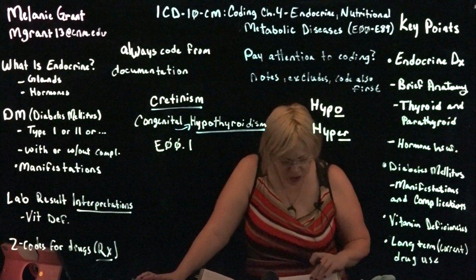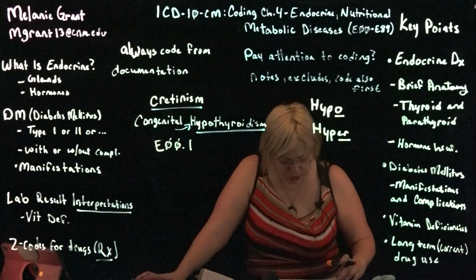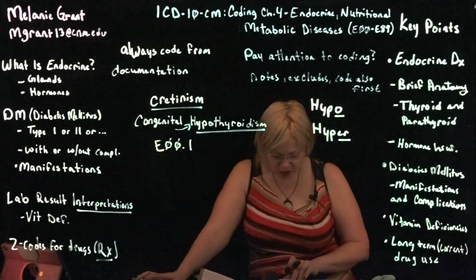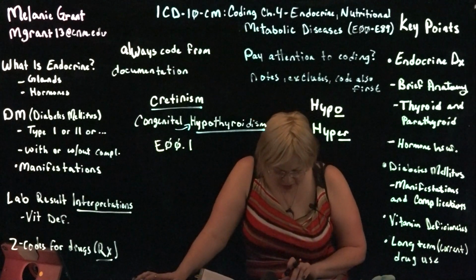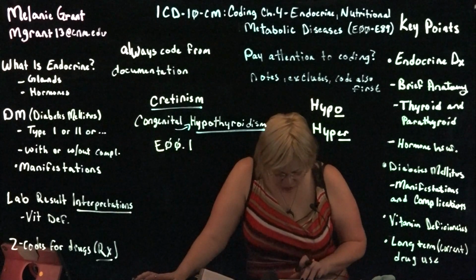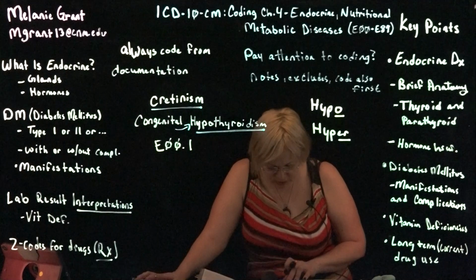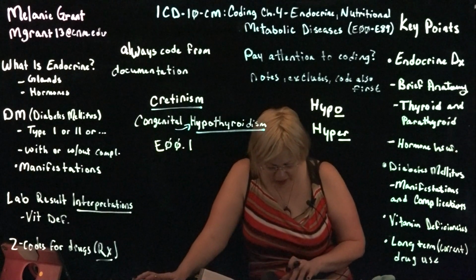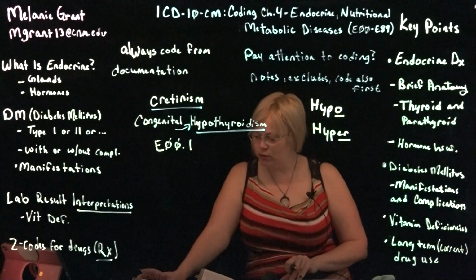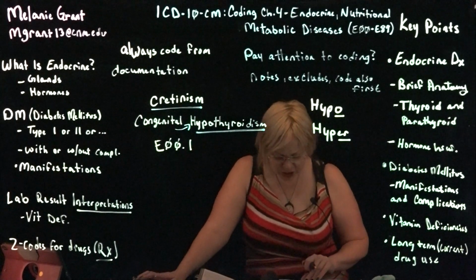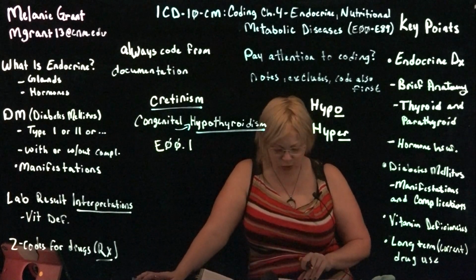If I look down from here, I'll notice that this excludes the previous thyroidisms we were looking at, but it also has congenital hypothyroidism listed as its very first one, E03.0 and E03.1, for congenital hypothyroidism with and without goiters.